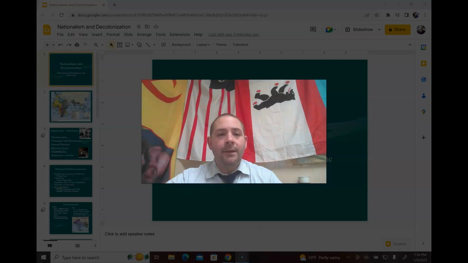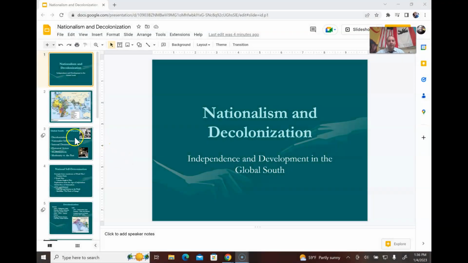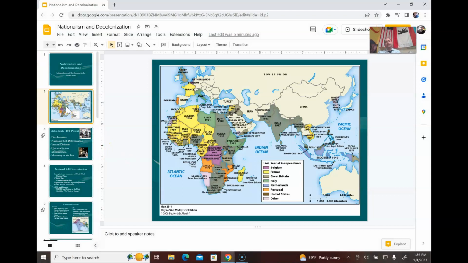So when we talk about this topic, it's probably easiest to look at this on a map. If you look at Britain, for instance, Britain controls this whole side of East Africa. It controls the subcontinent of India.